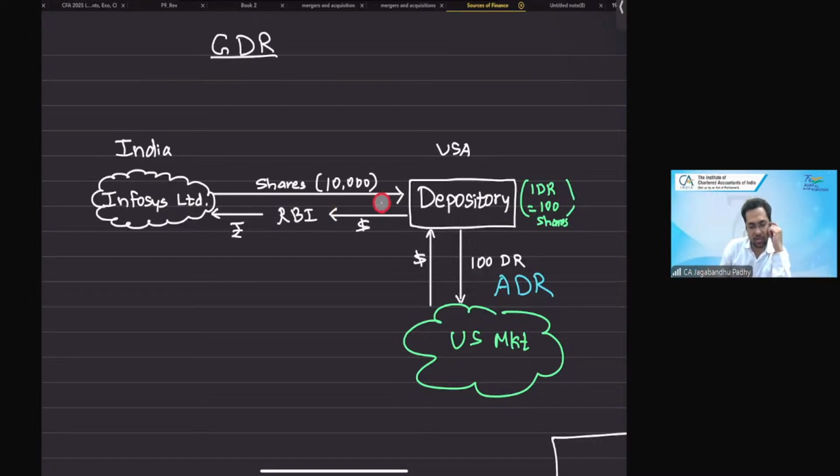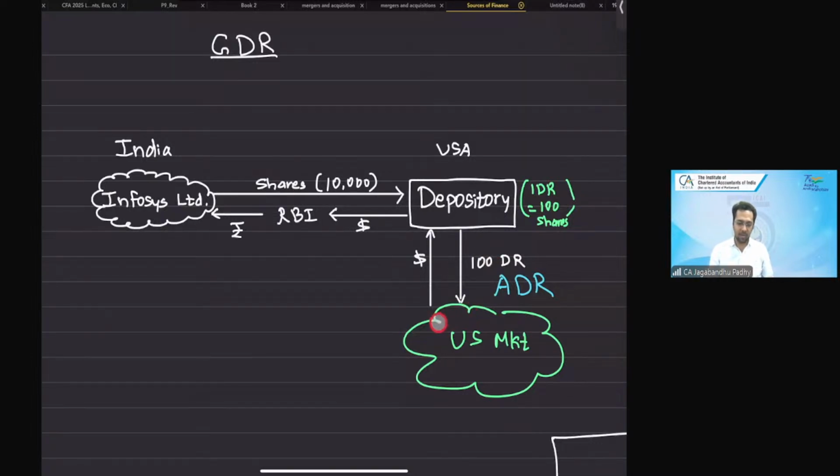The US depository in turn will issue receipts in the market saying that we have received 10,000 shares from an Indian company, and each of our depository receipts is worth 100 shares of that company. So for 10,000 shares, we are issuing 100 depository receipts in the market. Now, will this depository receipt be accepted by the investors in the US? Yes, definitely, because it has been issued by a US authority, so it will have legal backing.